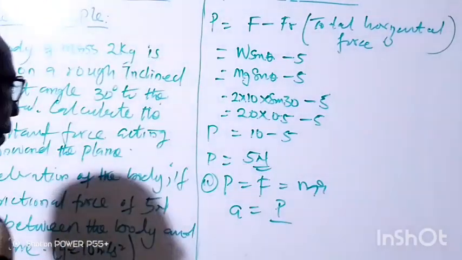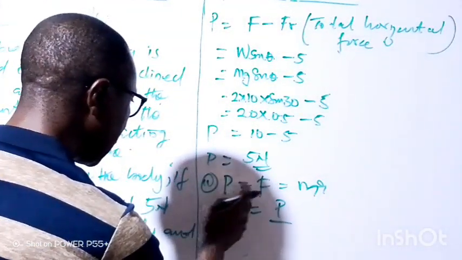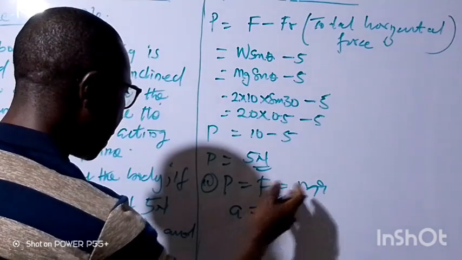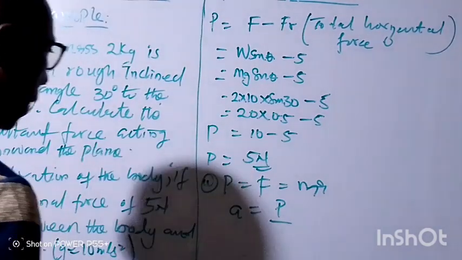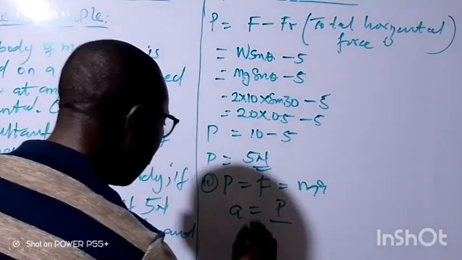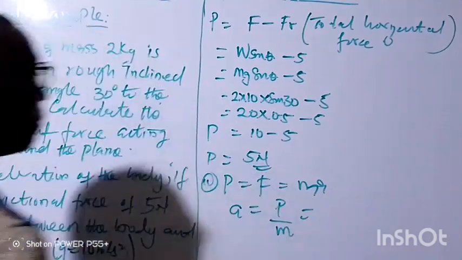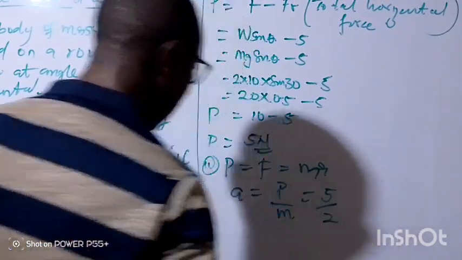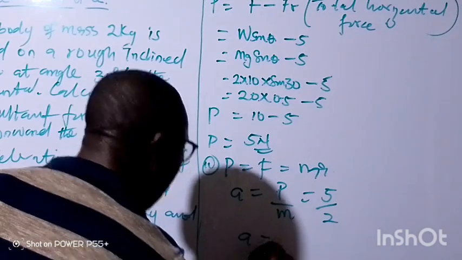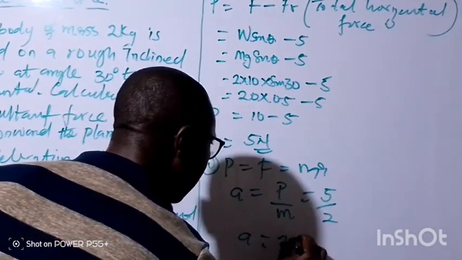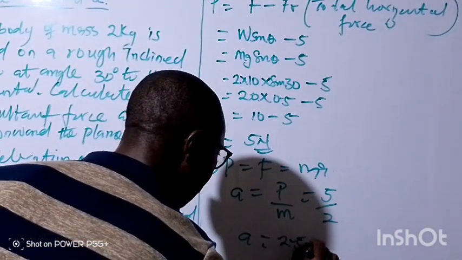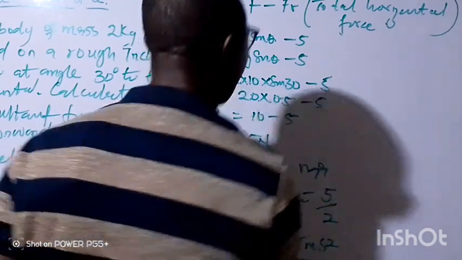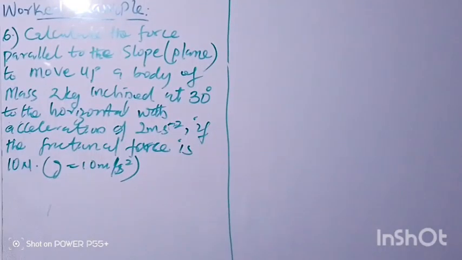So our a will be equal to P over m, as I said the other time, P is equal to F, which is equal to ma. Then that will give us 5 over 2. So the answer for a will be 2.5 meters per second squared. Let's take this one as example 6.